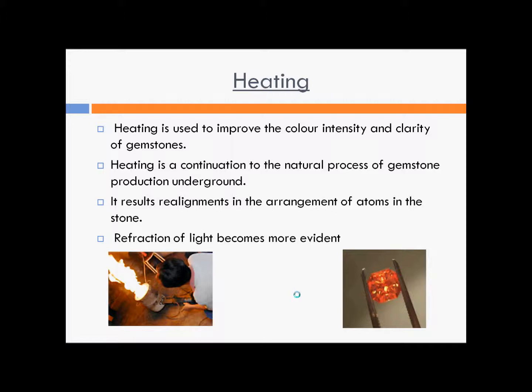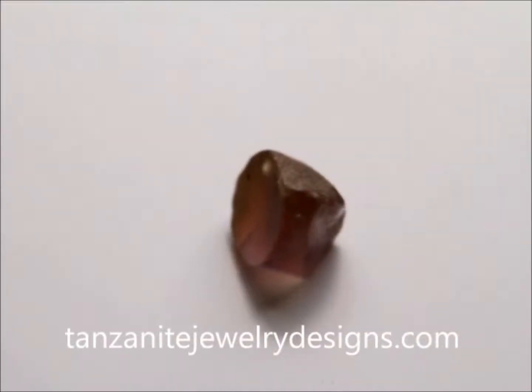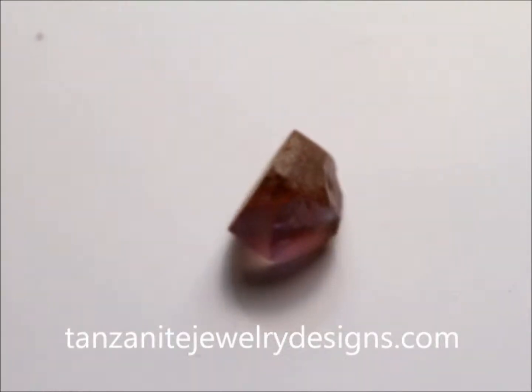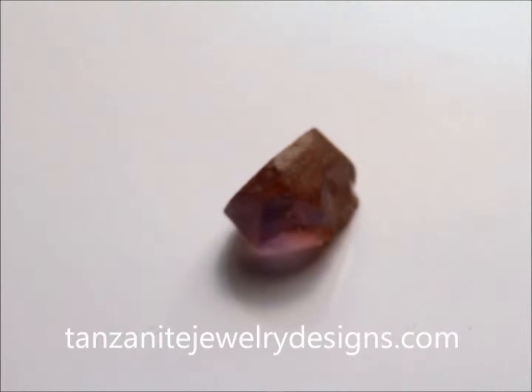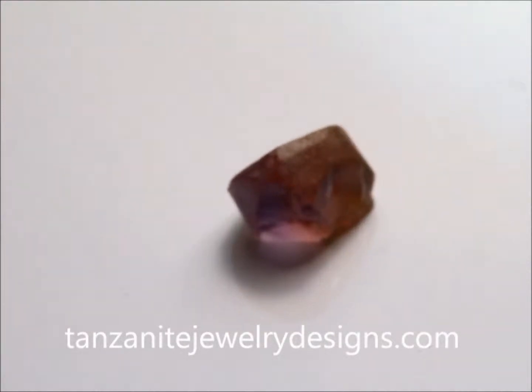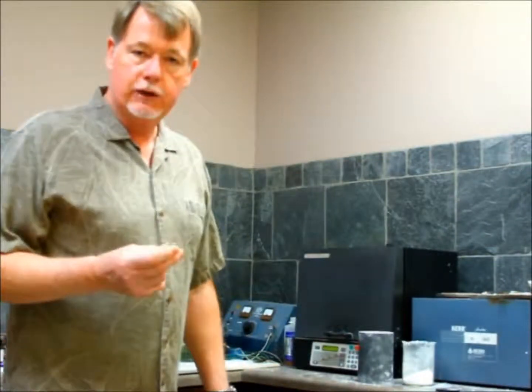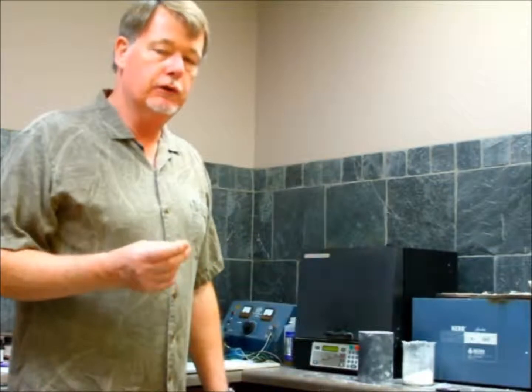Now I have an example of a tanzanite, which is a gemstone, and you can see how heating affects it. What we're going to discuss today is heating of tanzanite. Now this is a natural colored tanzanite with a color known in Tanzania as diesel. Tanzanite heating is required to remove the yellow that's in the trichroic gem, leaving just the blue and the purple.